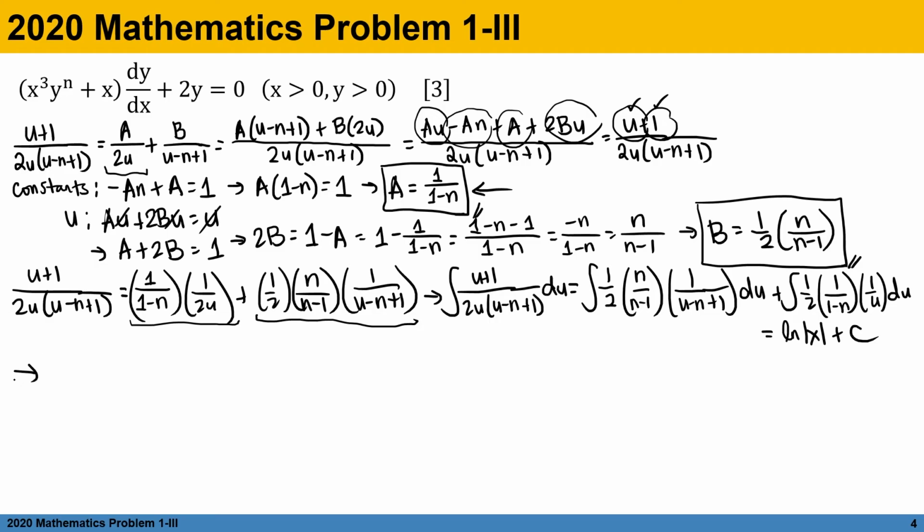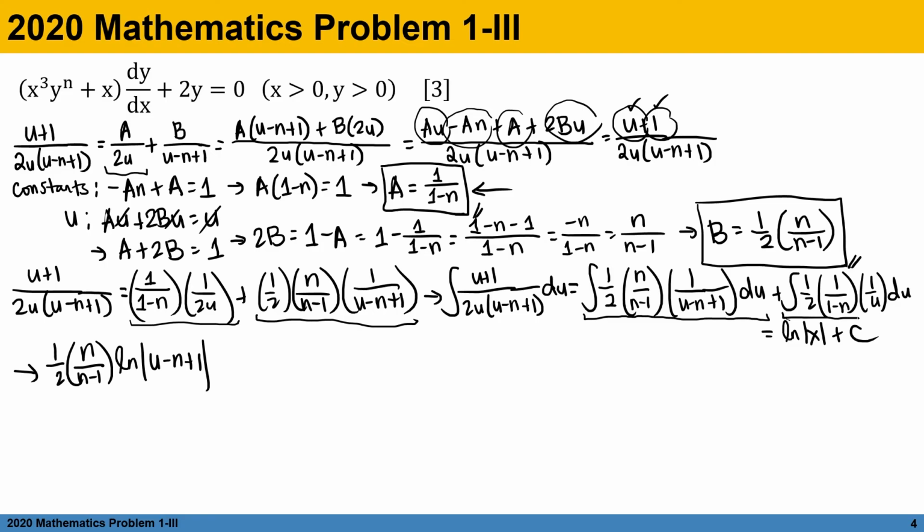So we have, for the first term, we can easily extract 1/2 and group n over n minus 1. Then ln of (u minus n plus 1).